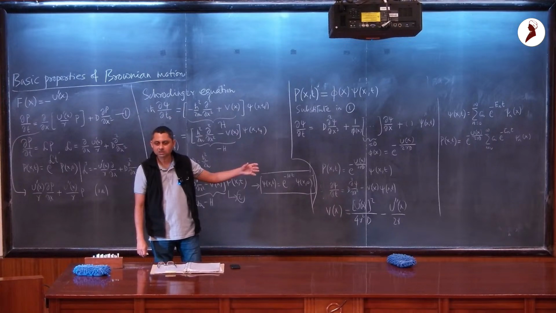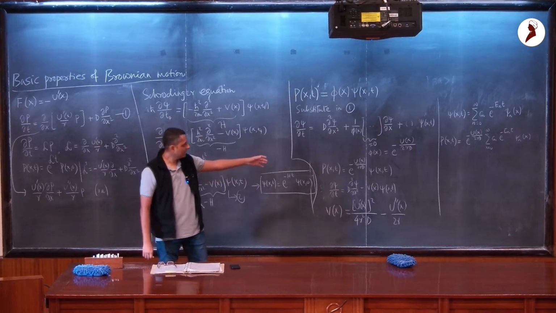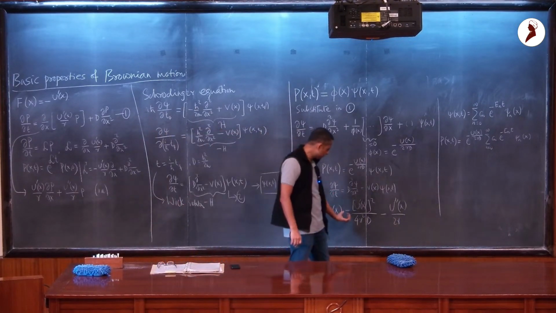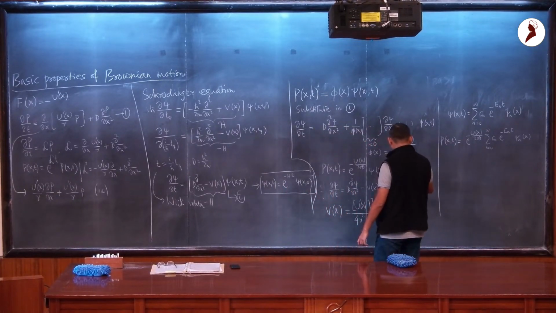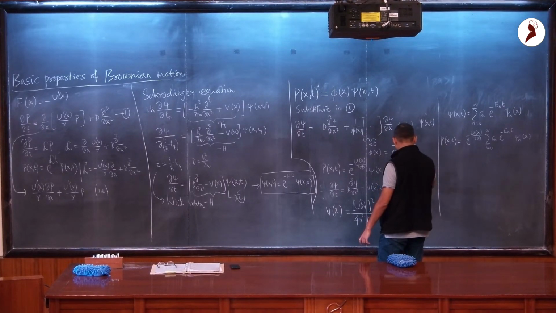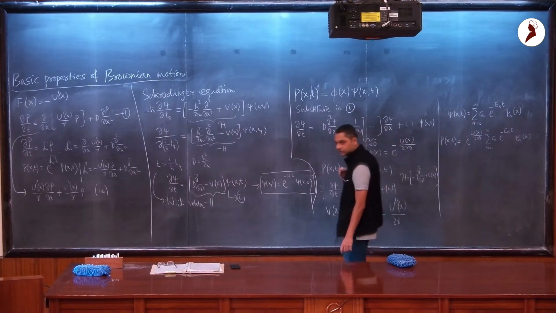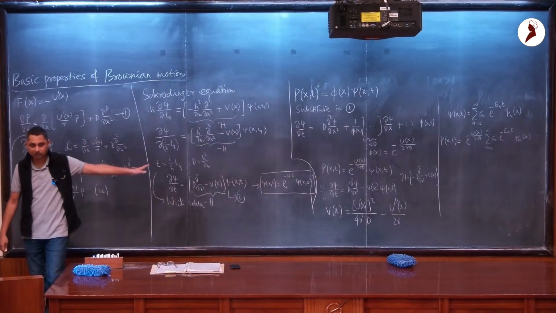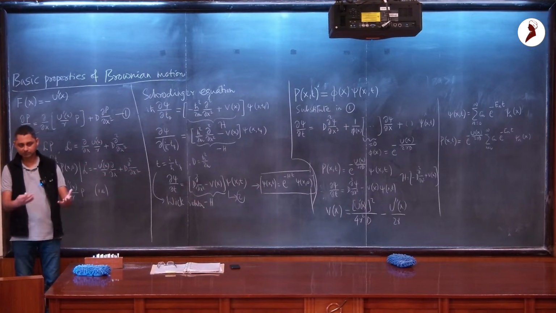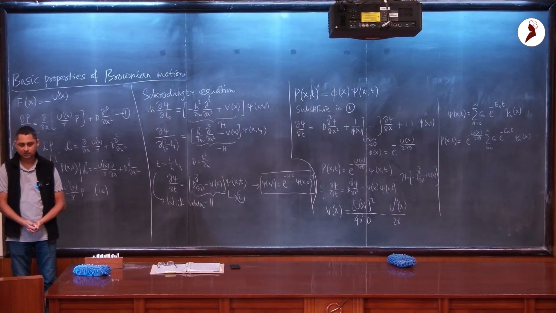The psi n are just the eigenfunctions of this Hamiltonian, which is H equal to minus d del 2 del x2 plus V of x. Whatever the Hamiltonian is, they are the eigenfunctions of that quantum Hamiltonian.